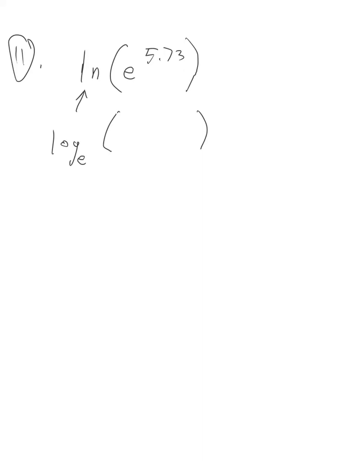So you should rewrite the ln as log base e. And then we should use the property of logarithms that says that if you have a log base e, that will get rid of a regular base e. So those are gone. So the answer is nothing but 5.73. So that's the solution to that problem. It's not bad at all.